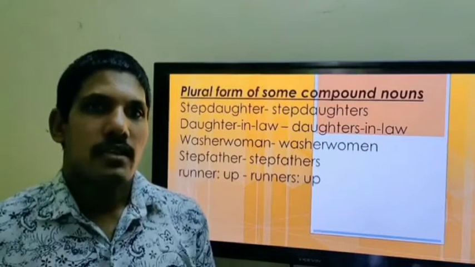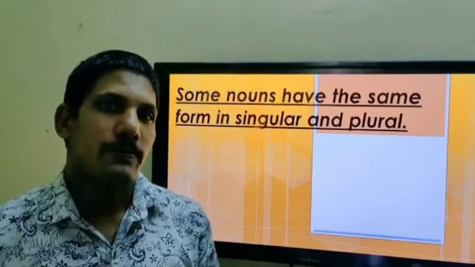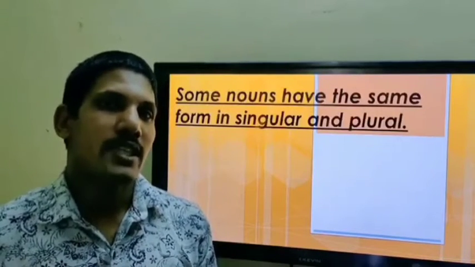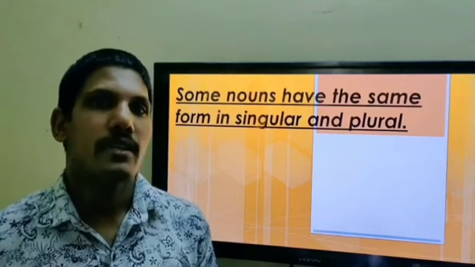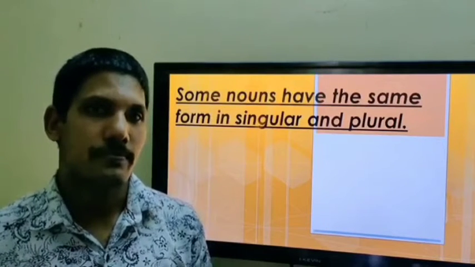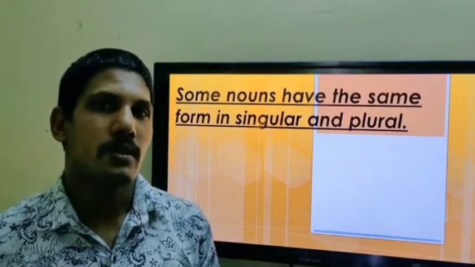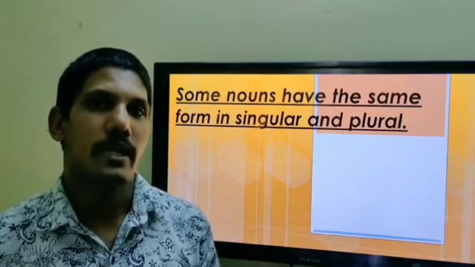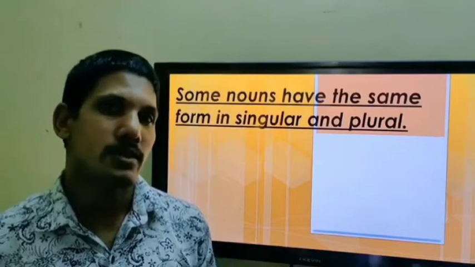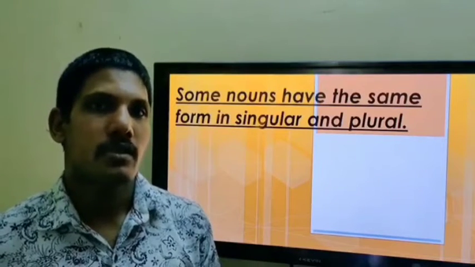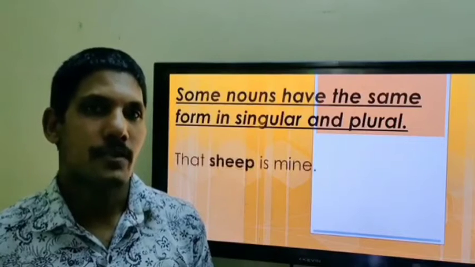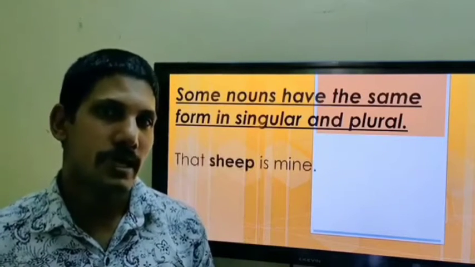Now, there are some singular nouns that remain unchanged even in their plural forms. Like sheep, let it be one or many, it would remain sheep. See these sentences. That sheep is mine.